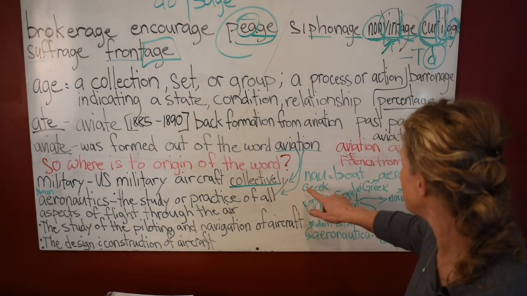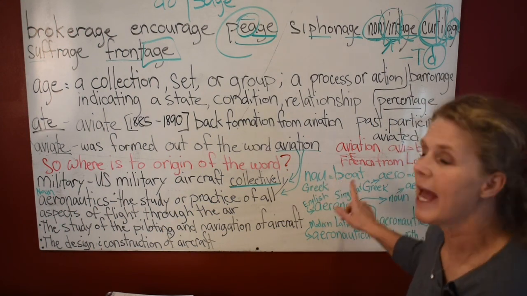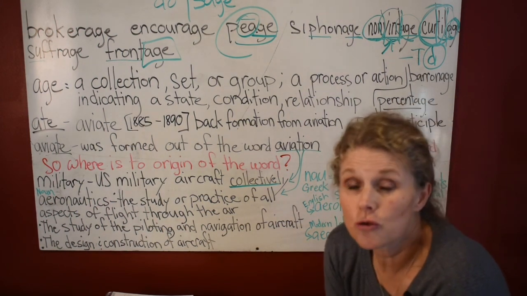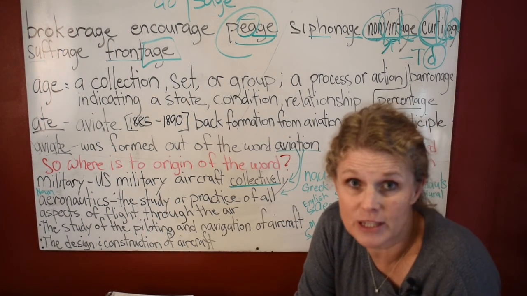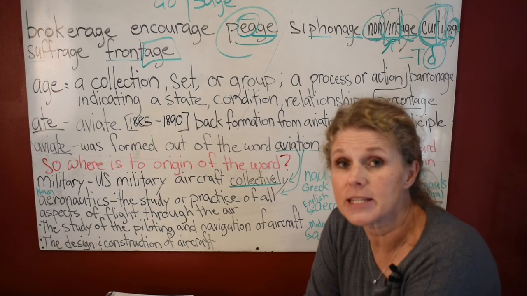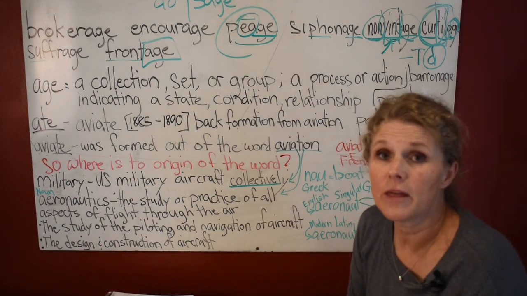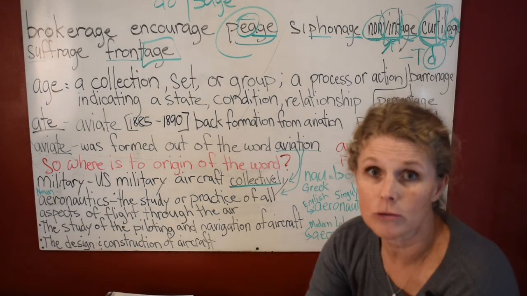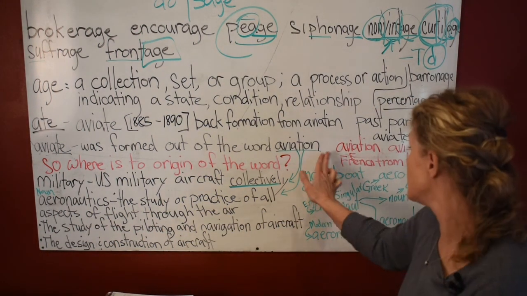So we have naut, which means boat. If you've ever read or listened to 20,000 Leagues Under the Sea, the Nautilus is used right here. It's a make-believe submarine that goes underneath the water, and that's what it's named after, the Nautilus.